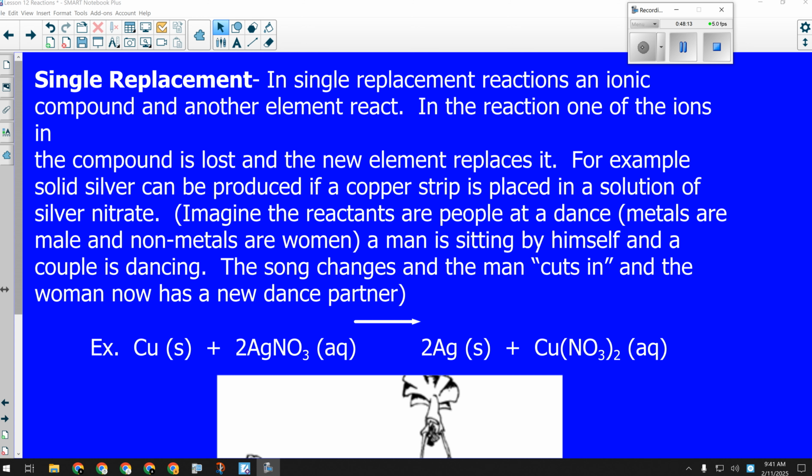You will never have molecular compounds. You could have molecular elements, but not molecular compounds involved in a replacement reaction. Okay? The reason being, metals and nonmetals have to switch places in a replacement reaction. Something has to replace either the metal or the nonmetal, and you can't do that if you don't have an ionic compound.